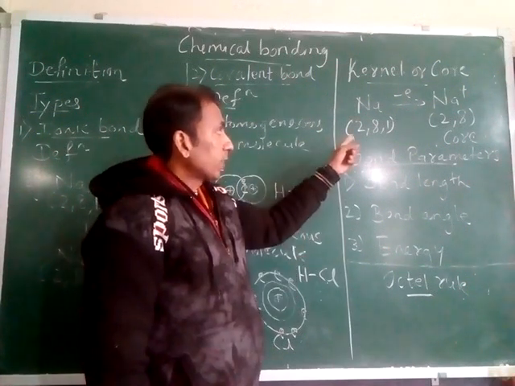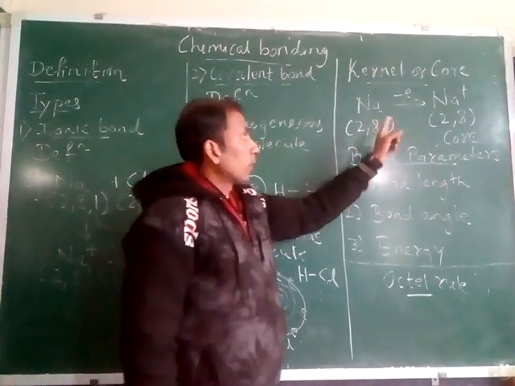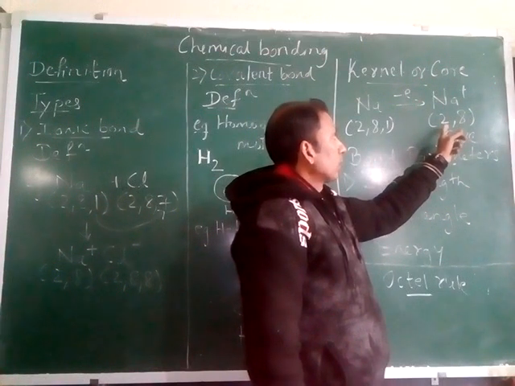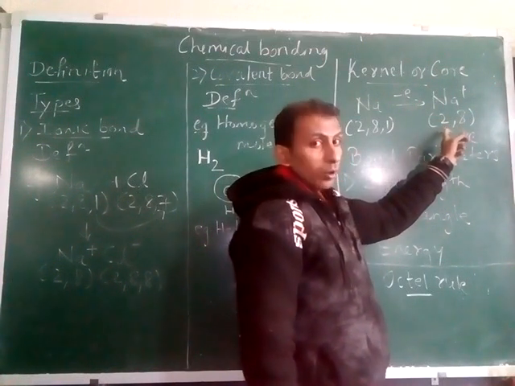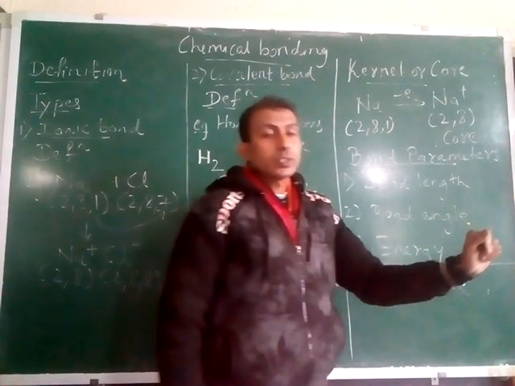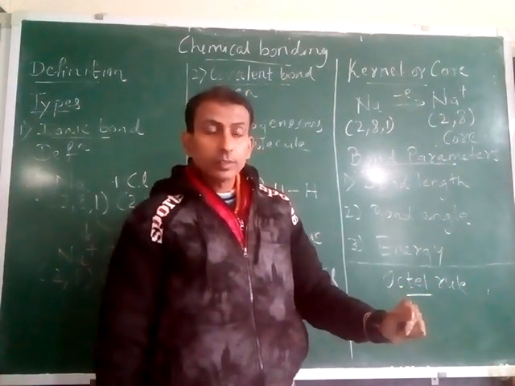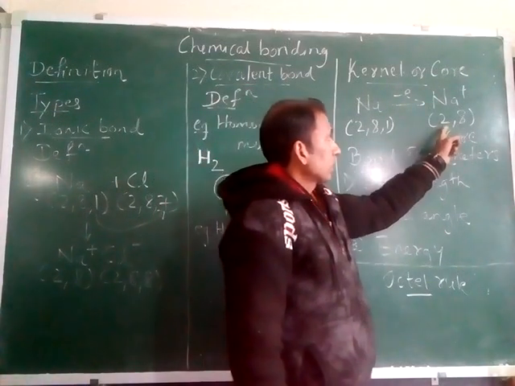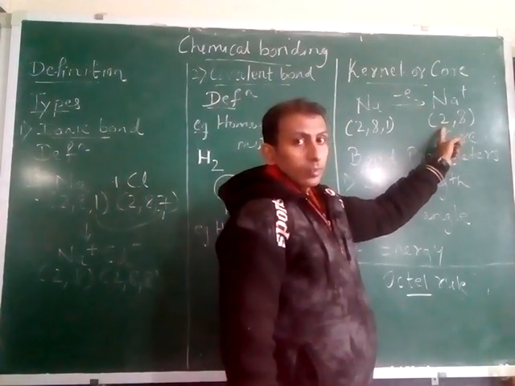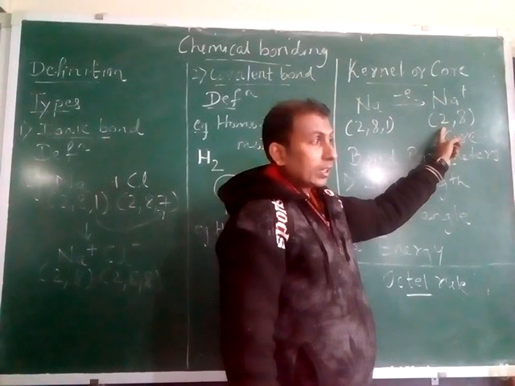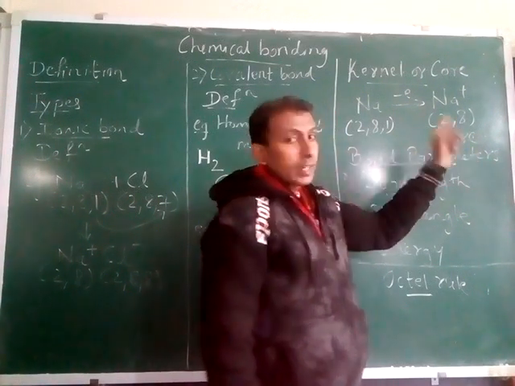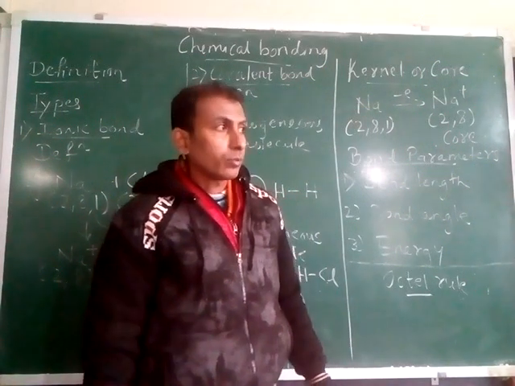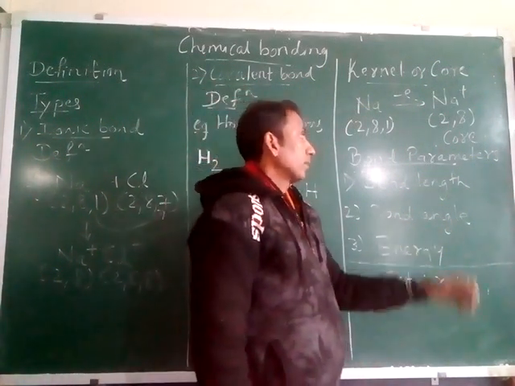Here sodium, once again 2,8,1, 11 electrons, 1 electron it can donate and it can form sodium ion, and now the configuration is 2,8, which is the configuration of neon inert gas. So these electrons, okay, the stable electronic configuration containing now 10 electrons, that is called core of electrons for the sodium ion.